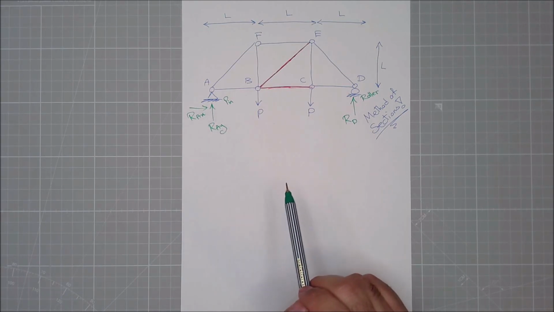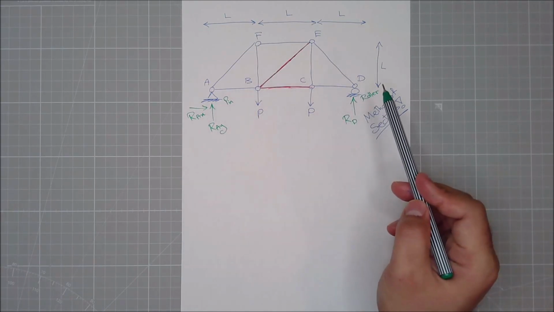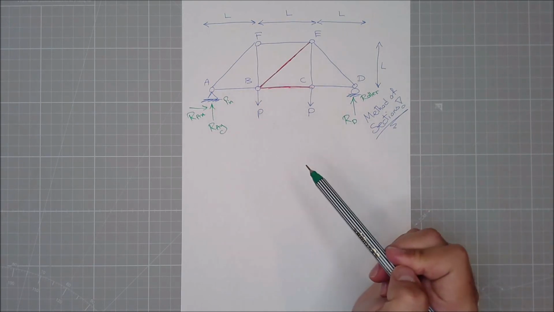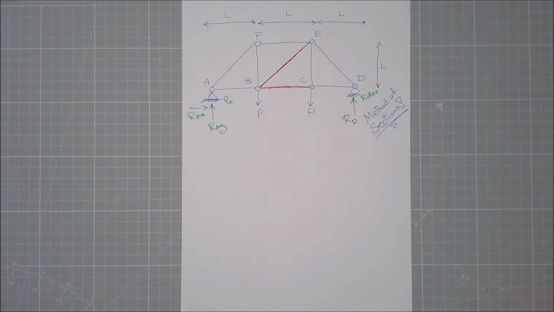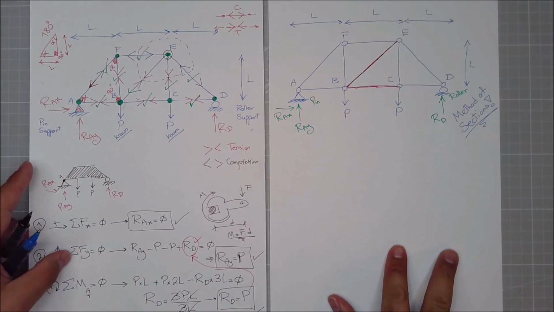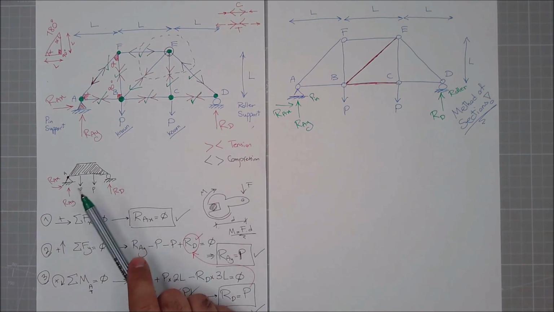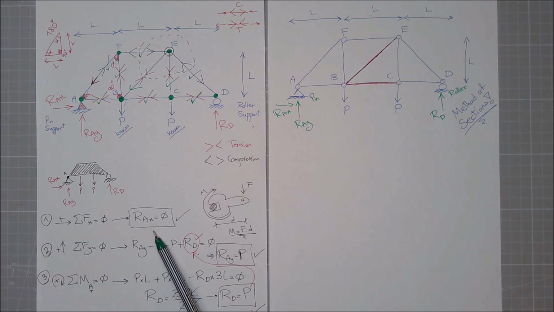Similar to method of joints, where we considered the whole thing as a solid body and started calculating every single one of the reactions, we do the same thing as well. We have already done that, so I'll just bring out the calculation that we did. Exactly similar to what we did here, where we considered the body as a solid, and then we calculated RAX, RAY, and RD.